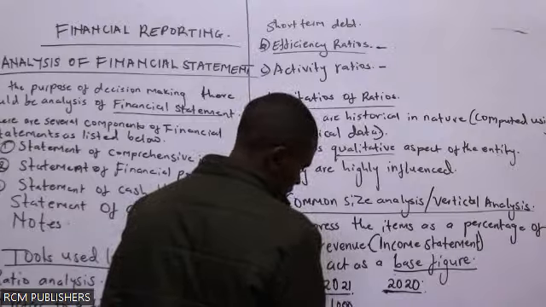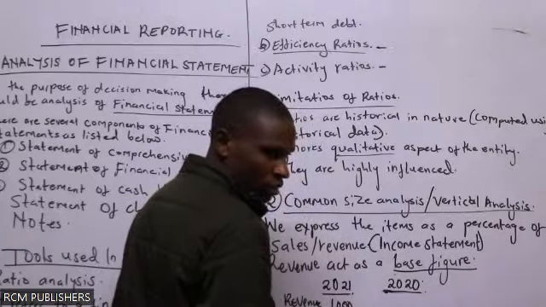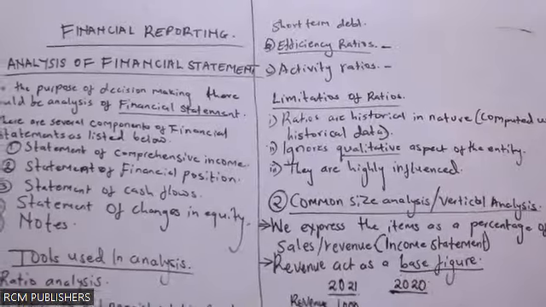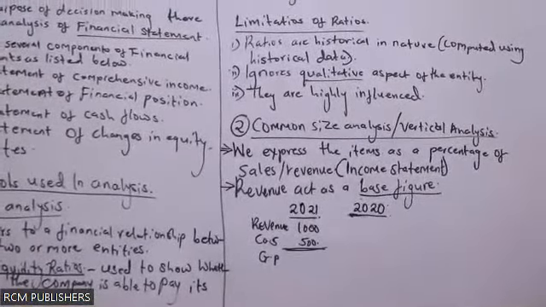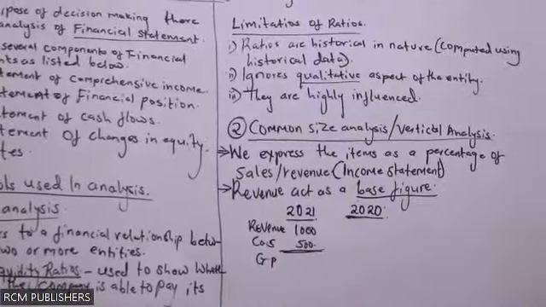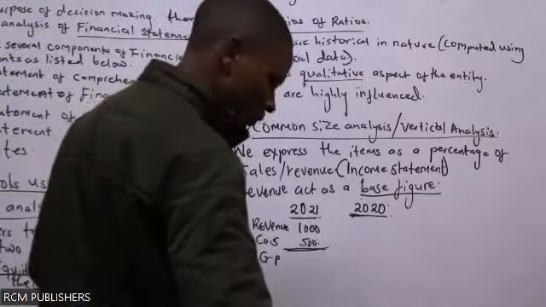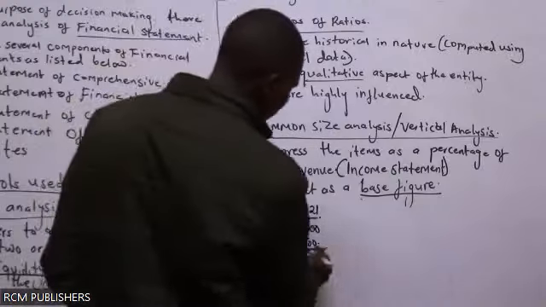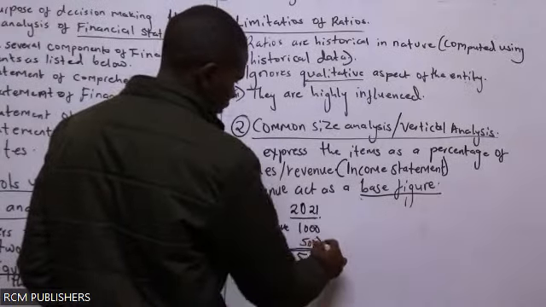Now here I will have my gross profit. Leave 2020 aside, we will compare later. So my gross profit will be 500 because I just subtract this.